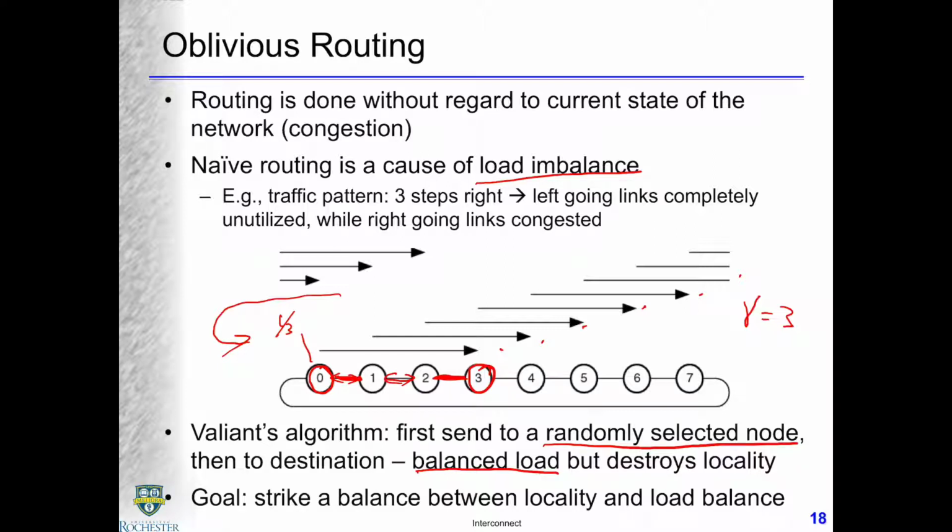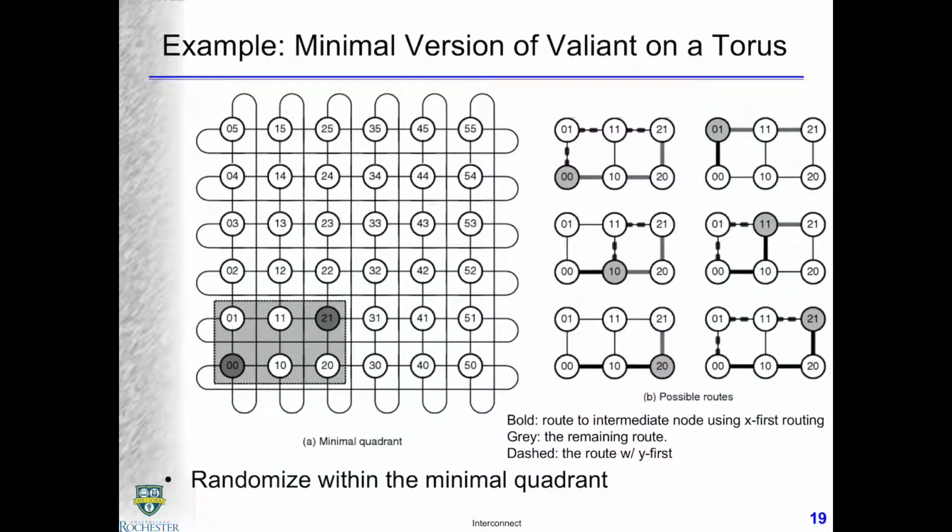If I only want to send to my nearest neighbor, now in Valiant's algorithm, I may go to the edge of the network only to come back. So that's not a good idea, right? So you can immediately see that perhaps some modification to this is wise, and one version of it is the minimal routing version of a Valiant algorithm that says, well, there is a box. This is especially obvious on a torus. You can have a bounding box.